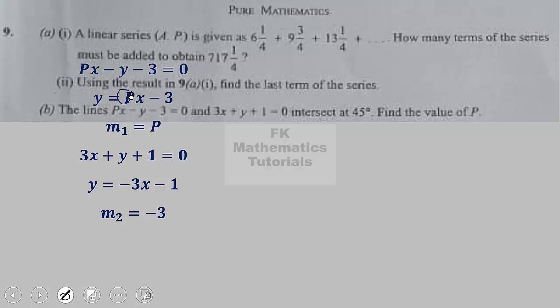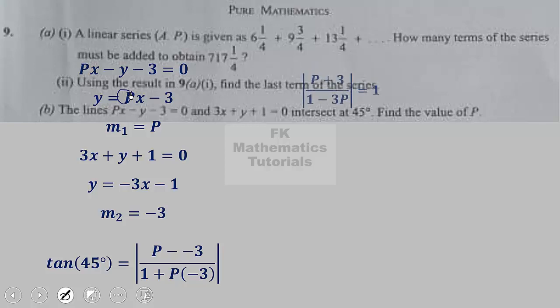So using the formula tan theta equals the absolute value of m2 minus m1 all over 1 plus m1 m2, we obtain this expression for p. Tan 45 we know is equal to 1. So we have an absolute value equation that we need to solve.